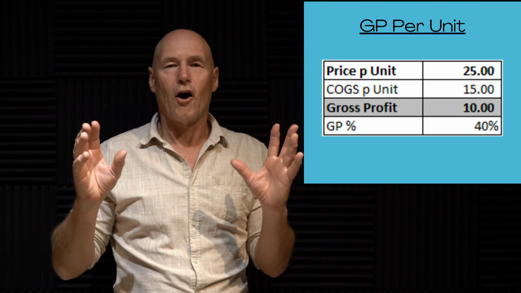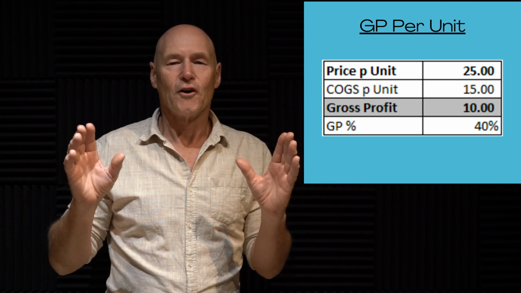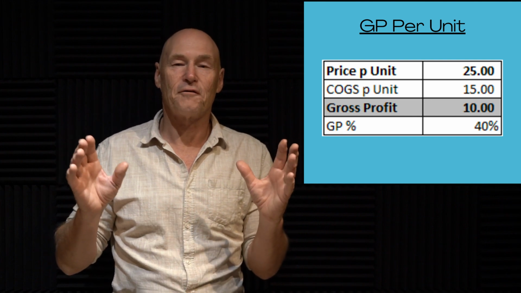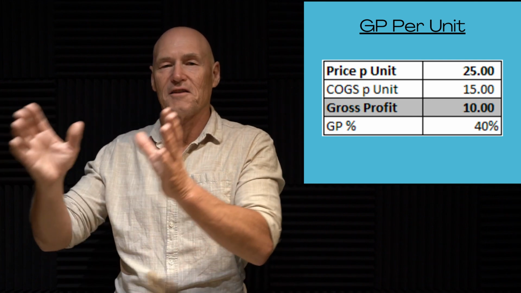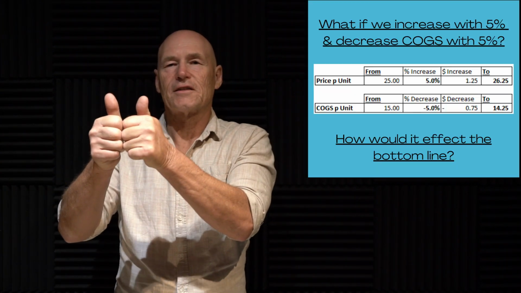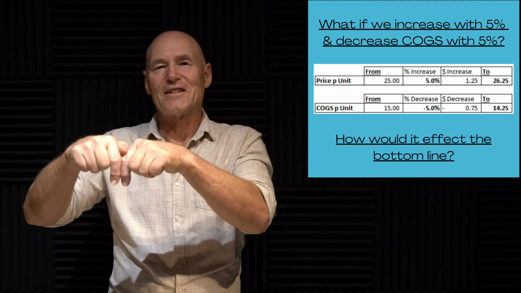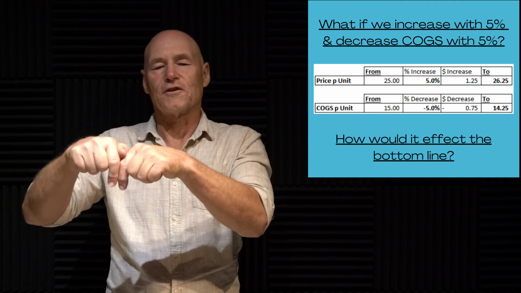That is what I almost call your engine room of your business. If people talk about cash is king, I say your gross profit ratio is the queen of your business. The effect of a 5% increase in your sales price and a 5% decrease in your cost.